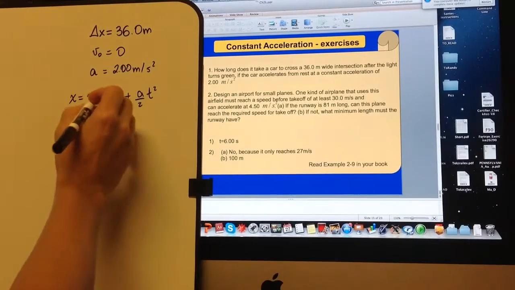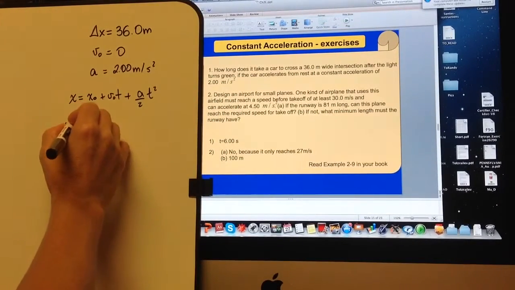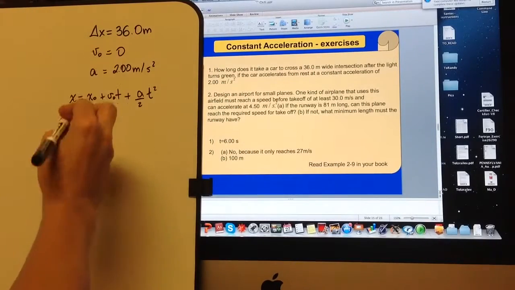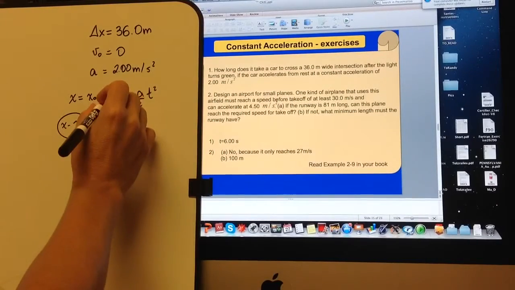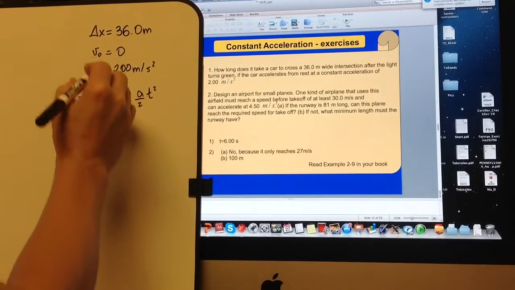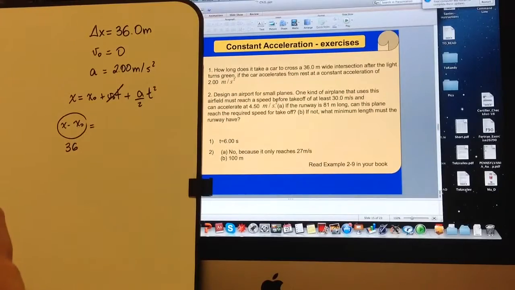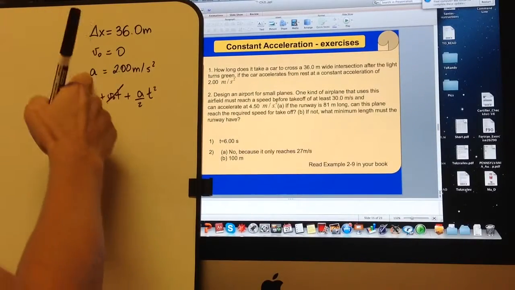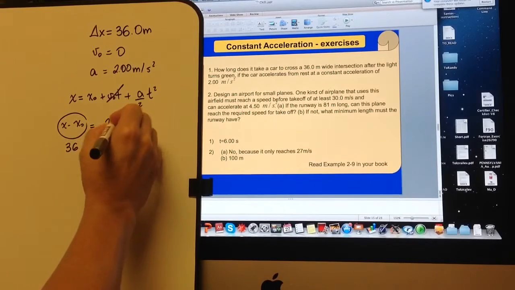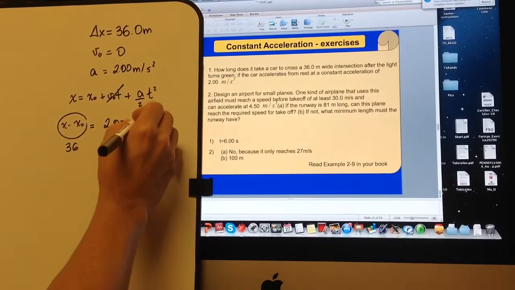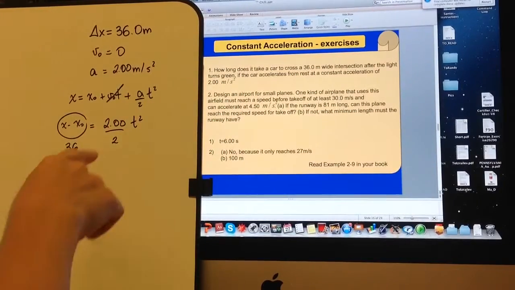Well, x minus x naught is how much we have to travel. It's 36, so I have this information. V naught multiplied by t: well, v naught is 0, so I don't need that. And a we do have. A they told us is 2, so 2 divided by 2. And well, this looks like a good alternative.